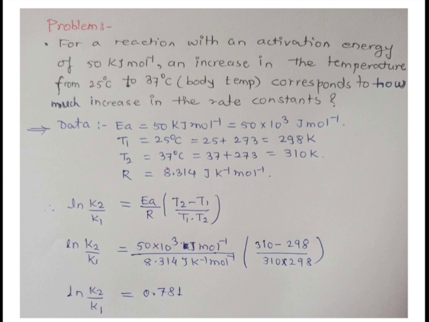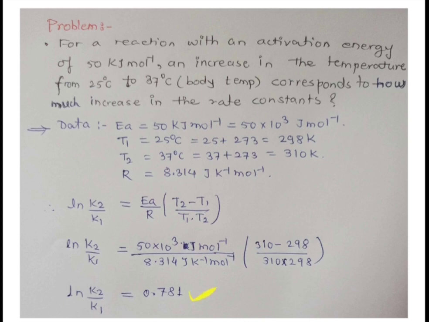Then ln K2 upon K1 is equal to, just put all the values which we have written here. Ea is 50 into 10 raised to plus 3 joule per mole divided by R, R is 8.314 joule per Kelvin per mole, and the temperatures are 310 minus 298 divided by 310 into 298.